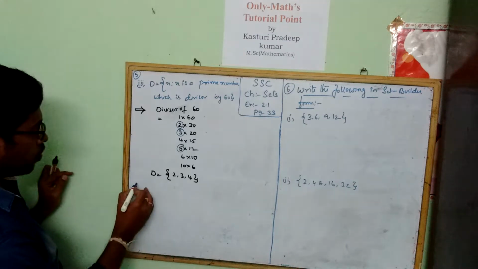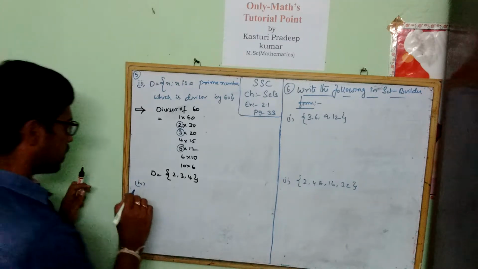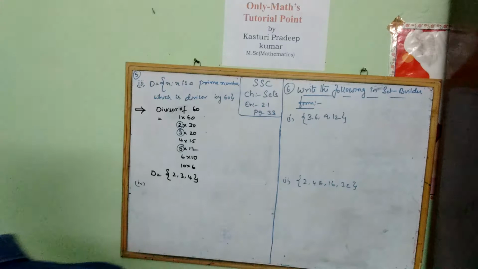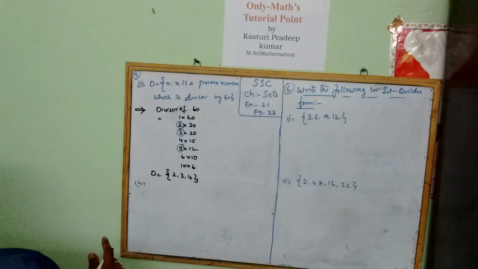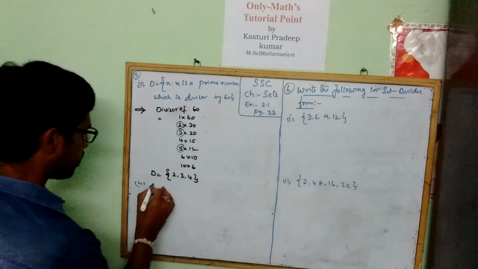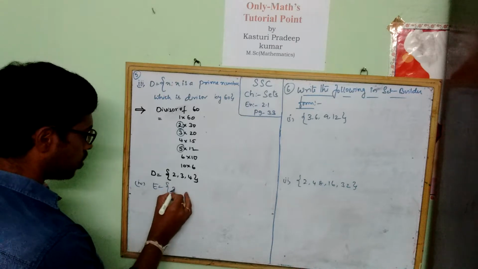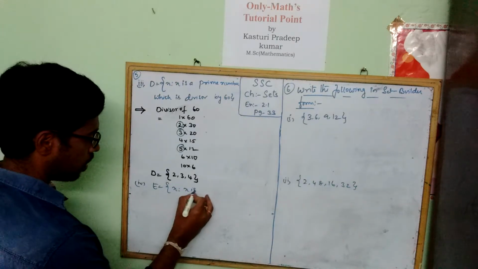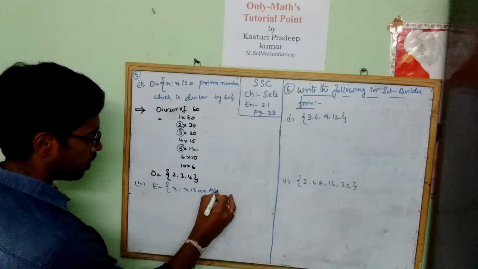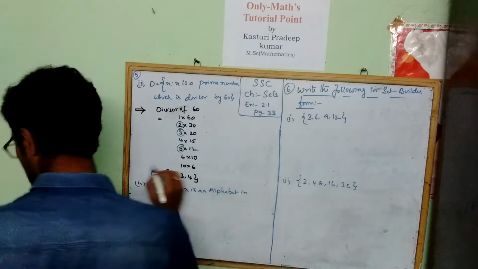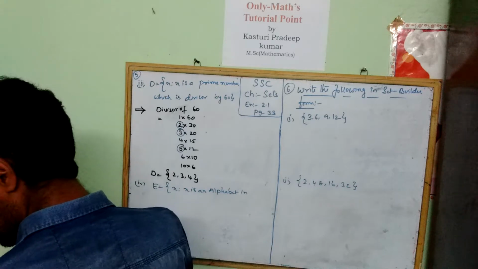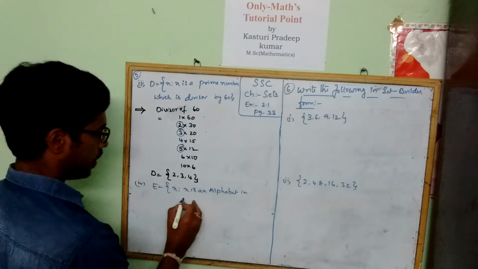So in the next question, what they asked, guys? Did you understand this question, guys? The next one, E equal to x colon, x is an alphabet in beta. Set E equal to x colon, x is an alphabet in beta.